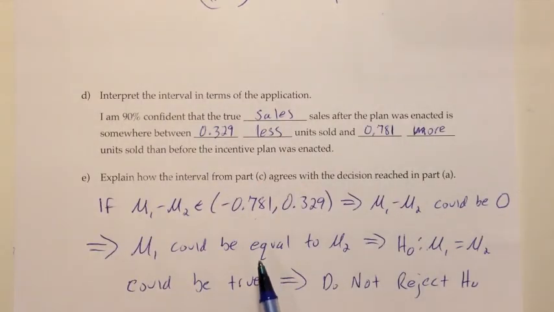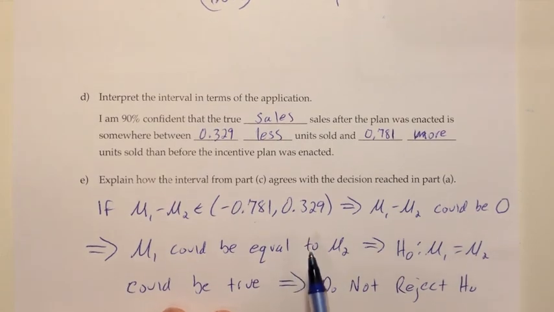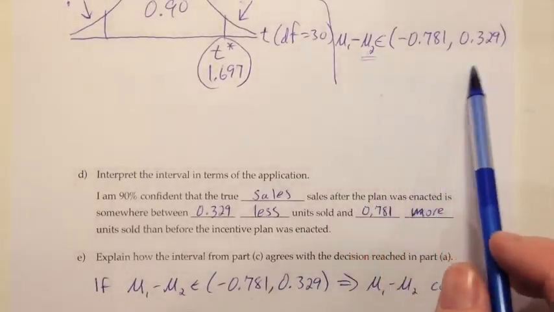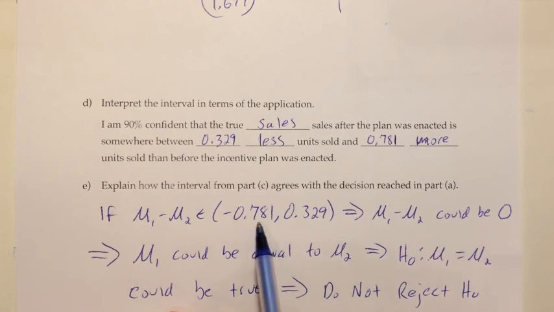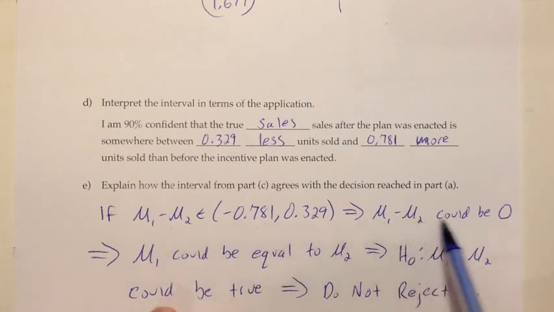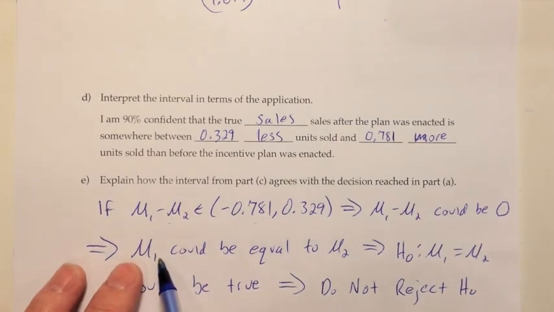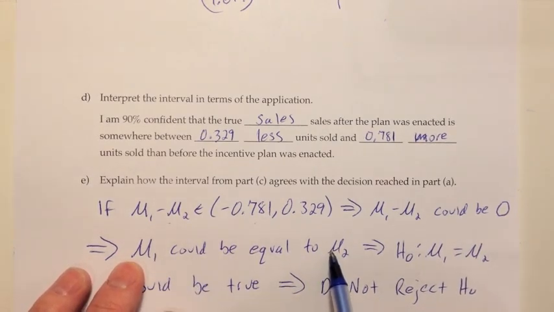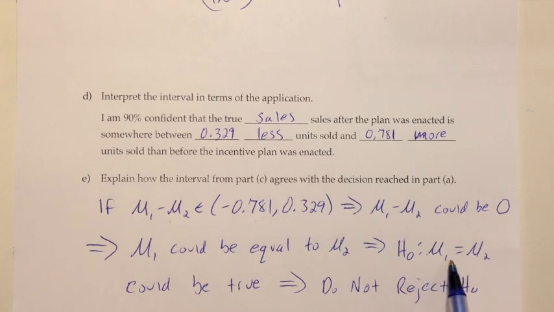So from the point of view of the confidence interval, why didn't we reject H0? Well, because if we get a confidence interval like this, which I've copied down here, then since 0 is in that interval, that means the difference could be 0. And if the difference is 0, that only happens because mu1 is equal to mu2. And that was what H0 was claiming.